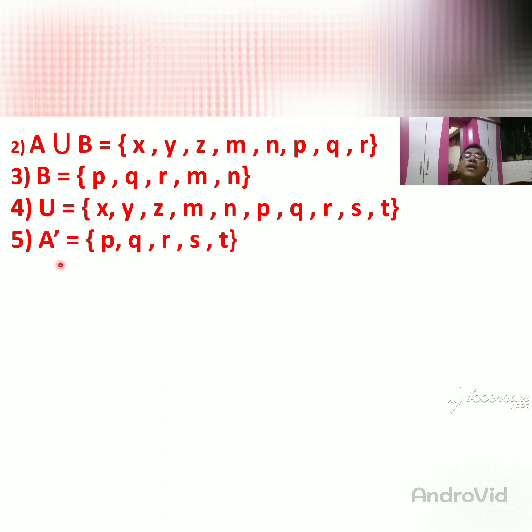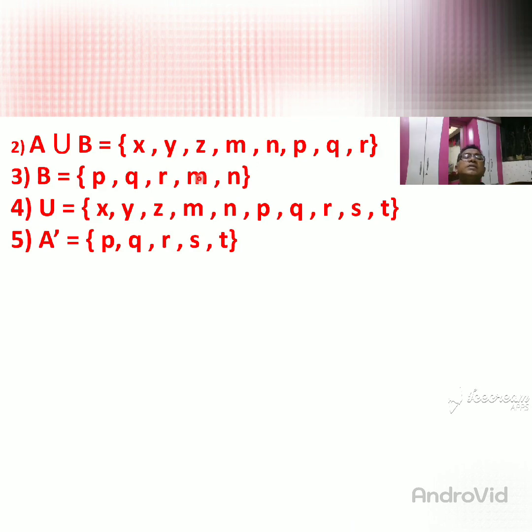Then A complementary. What does A complementary mean? I have already explained. Complementary means the elements which are in A are cancelled from the universal set, and we write the other remaining elements, so that is the complementary set. So which elements are in A? Elements in A are X, Y, Z and M, N. So they are cancelled.